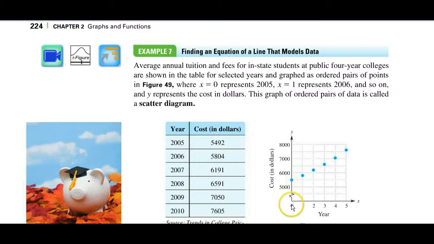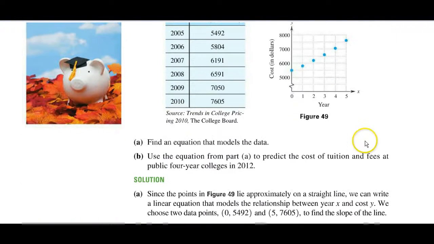We're going to plot the time on the x-axis, and we're going to start really high up, so we put that squiggly line there and start with 5,000. And notice our data is pretty much in a straight line. So this is linear. So with that, we can actually find an equation that models this.